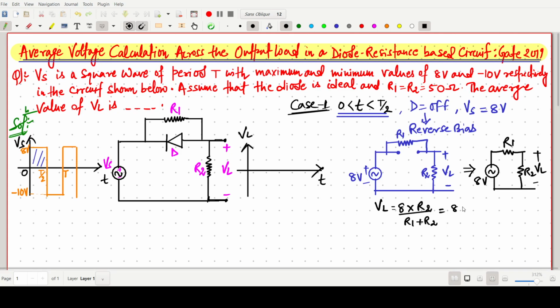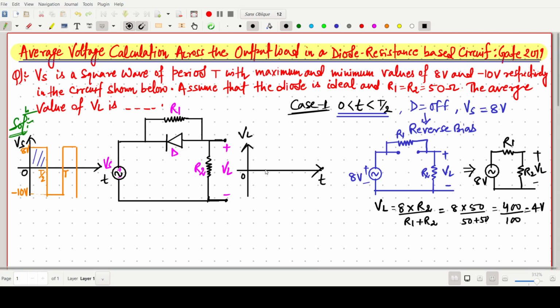R1 and R2 are 50, so 8 times 50 by 50 plus 50, which is 400 by 100. So it should be 4 volt. So VL is 4 volt between 0 to T by 2.